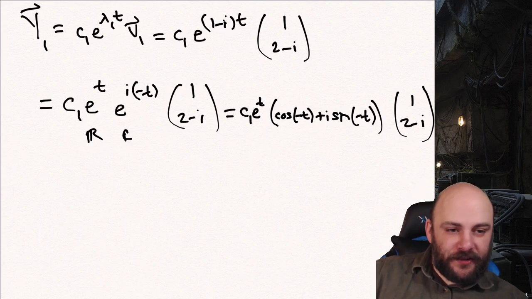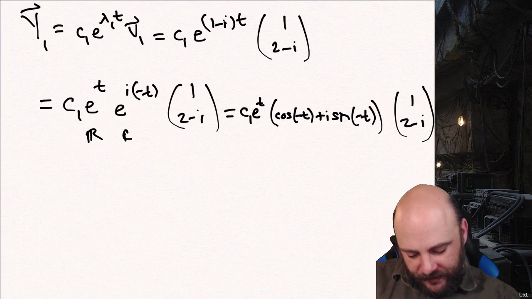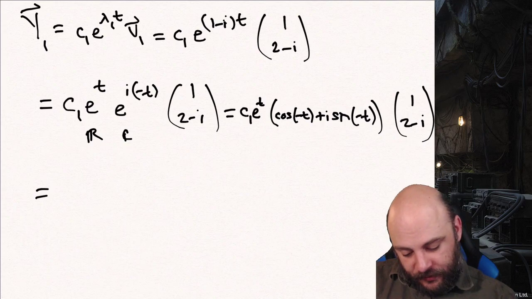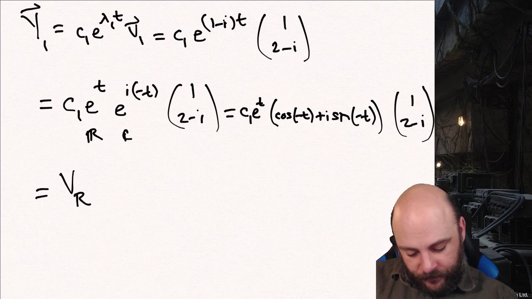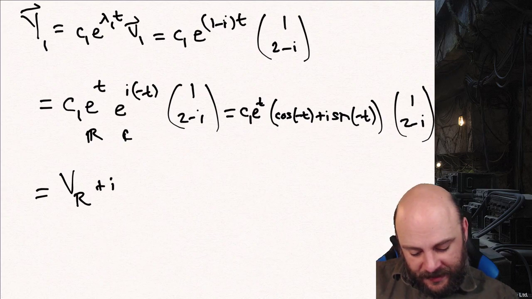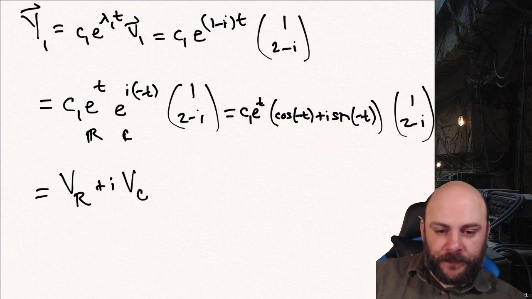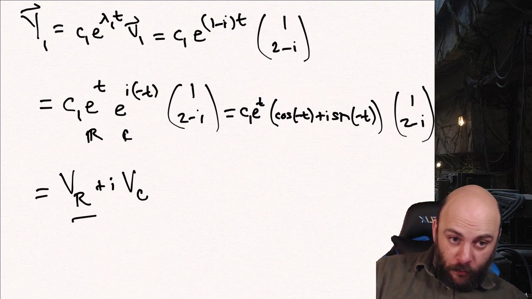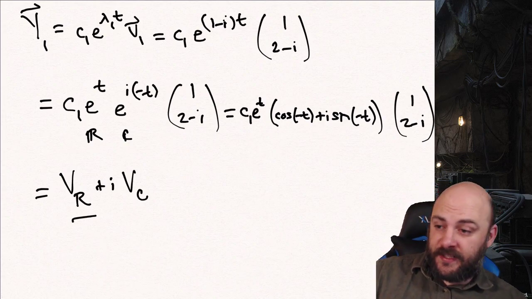Now what I'd like to do is write this as two vectors. Let's call these vectors VR plus i VC. I think you can guess. I want VR to be a vector of all the real parts of this solution.